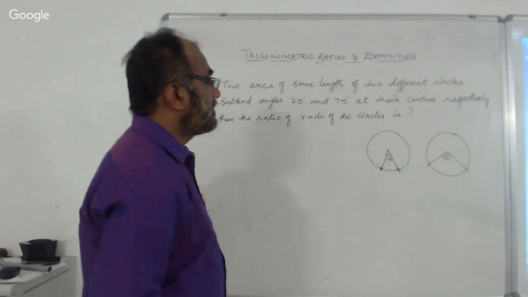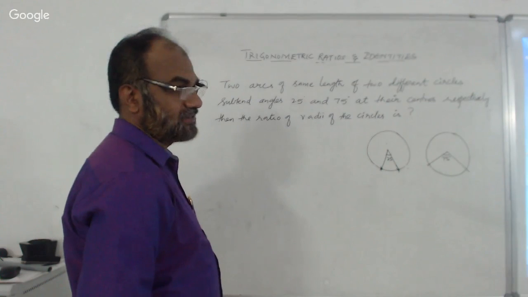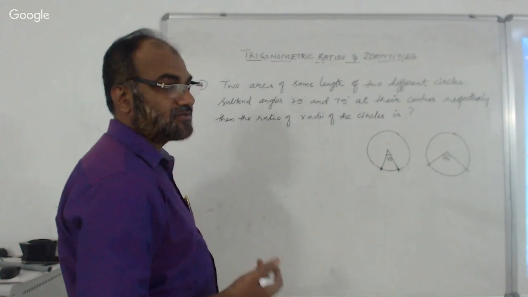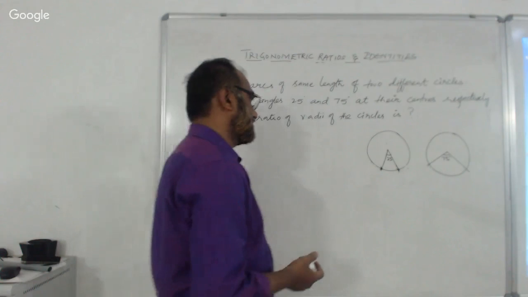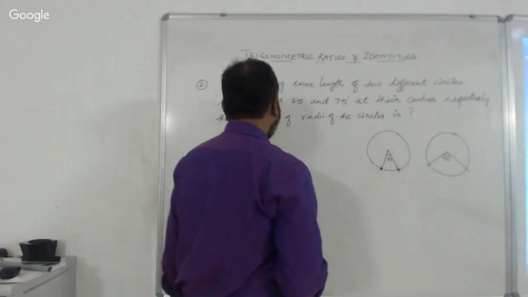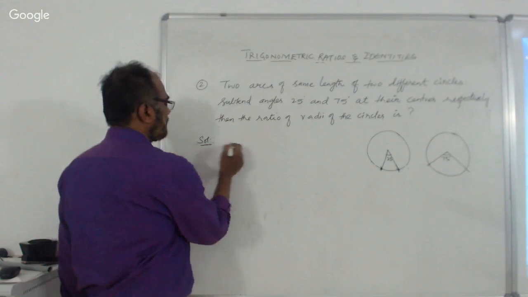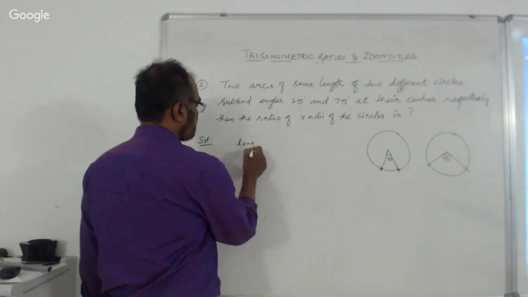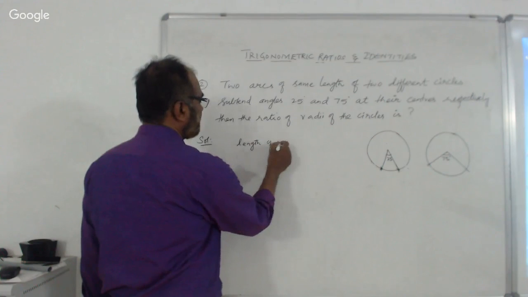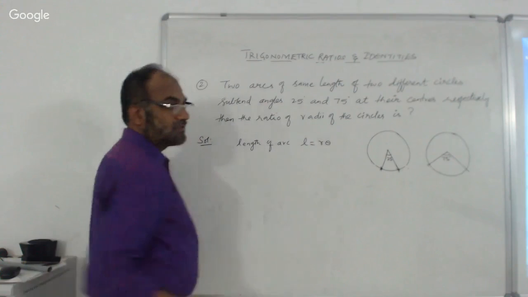Now, the lengths of the arcs are equal. We have the relation that the length of the arc L is equal to R theta.